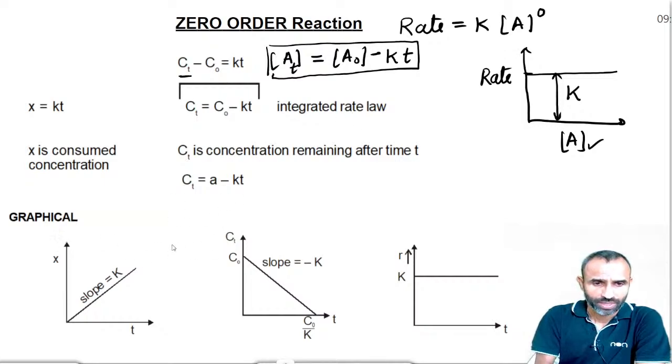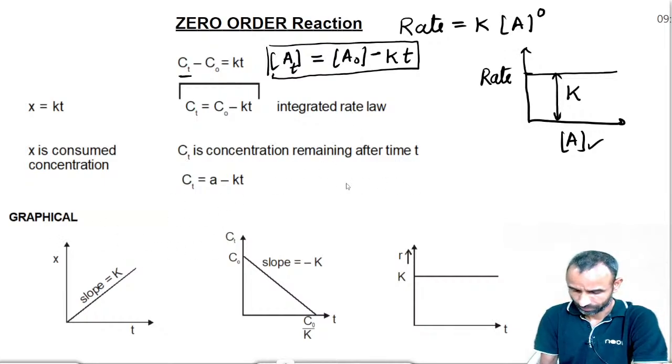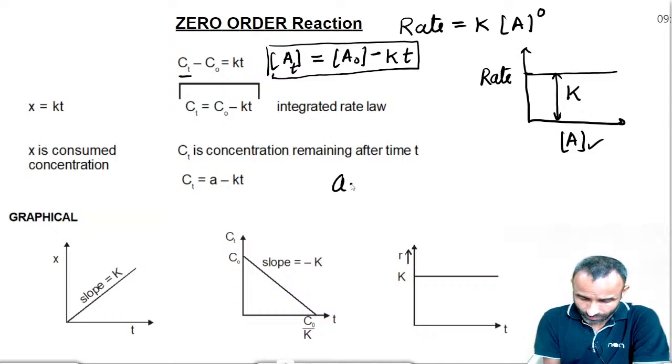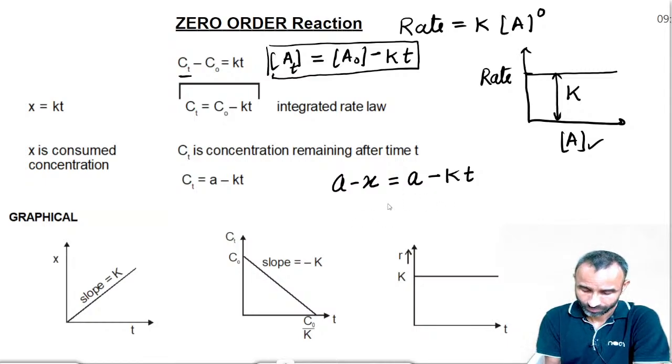That means if we have A minus X equal to A minus Kt, what is X? X is equal to Kt.